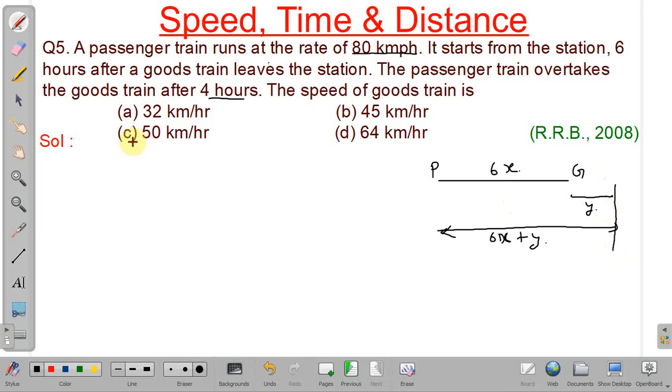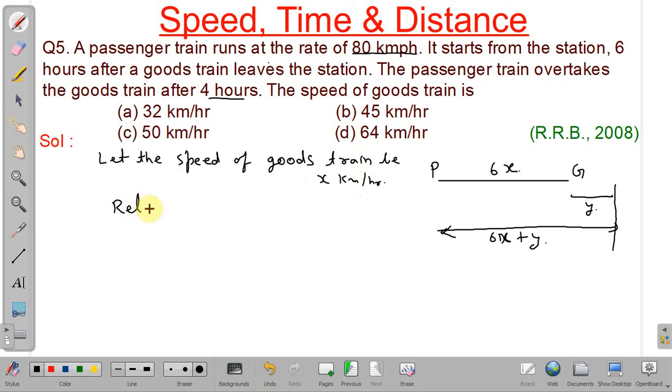So first we will assume the speed of the goods train. Let the speed of the goods train be x kilometer per hour. Then the relative speed we can calculate. Relative speed will be equal to 80, which is the passenger train speed, minus the goods train speed.